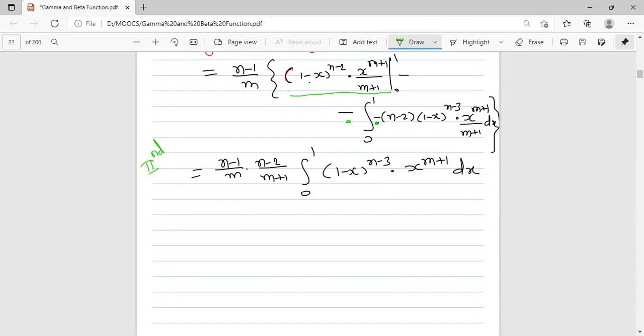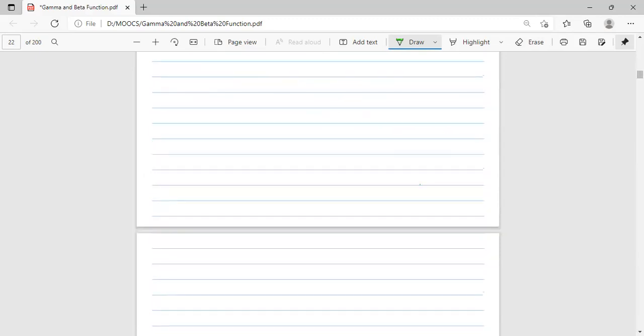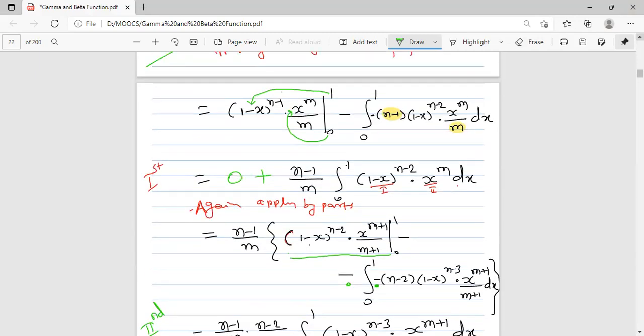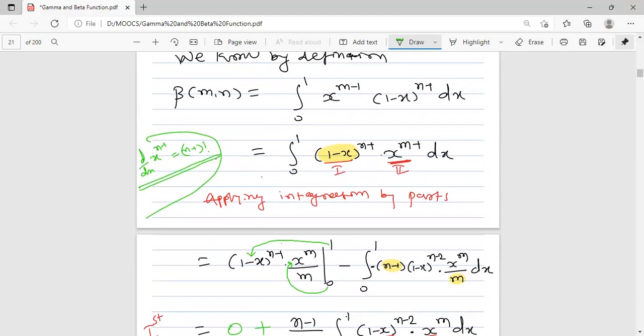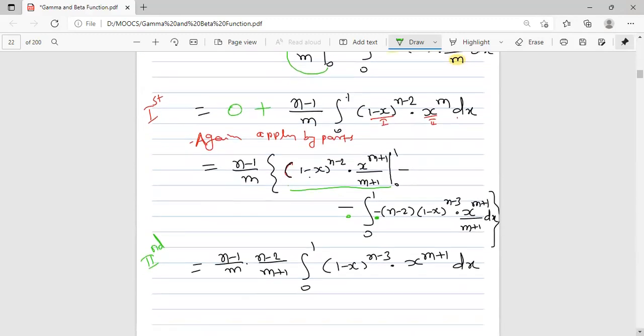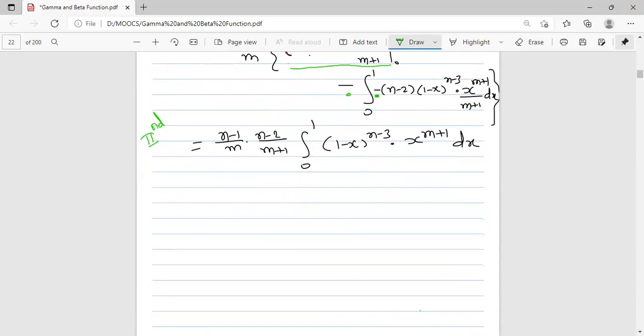Now we are continuing this process. How many times? We continue this process up to this derivative, because we know that the n minus 1th derivative is constant. After that, the derivative becomes 0, and the remaining term becomes 0. That's why we have to apply integration by parts successively, up to n minus 1.